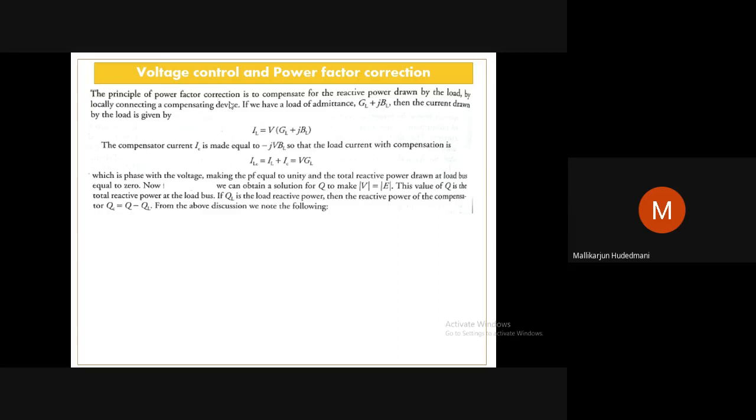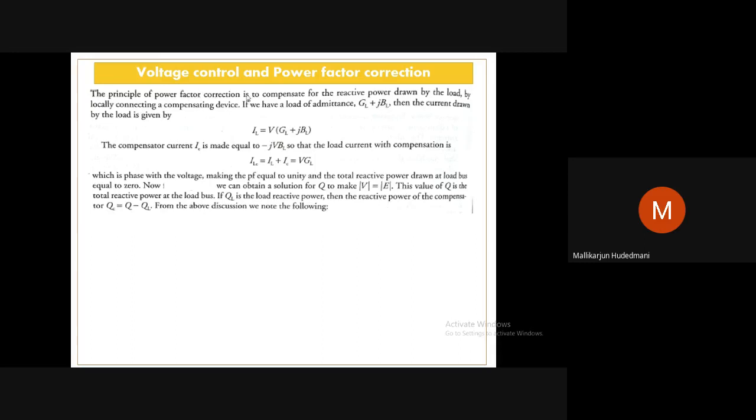So the power factor correction required is because of the reactive power itself. If the reactive power in the system is highly inductive, you will notice the power factor is very lagging. If the reactive power is leading, or there is an excessive leading var, definitely the power factor is superior.